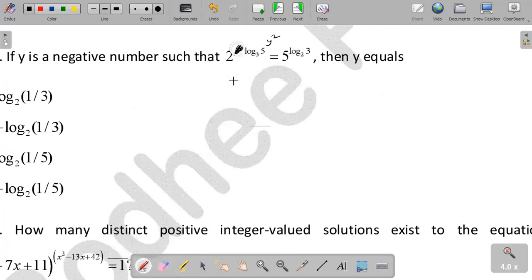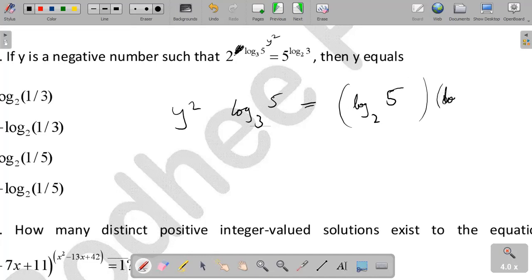Completely fine. So let me take log base 2 on both sides. So I would get log 3, 5 and y square. Then if I take log 2 here, that is log 2, 5 and the power of 5 log 2 by 3. Okay. So I would get this and log 2, 3 multiplied.